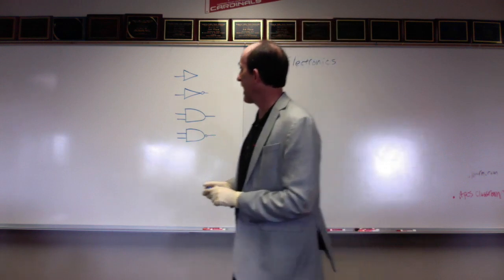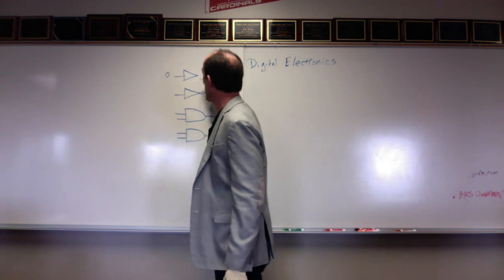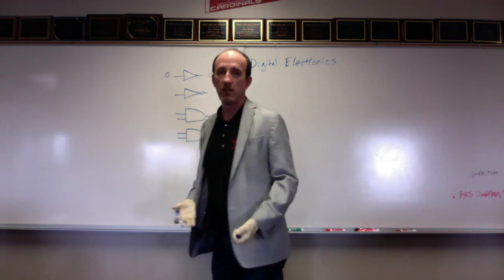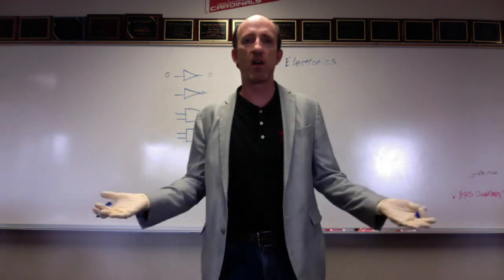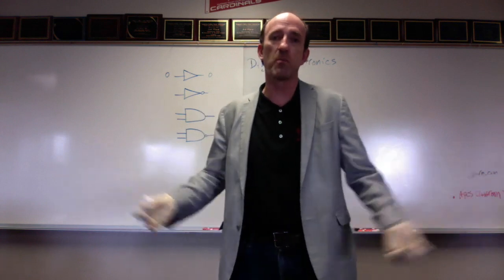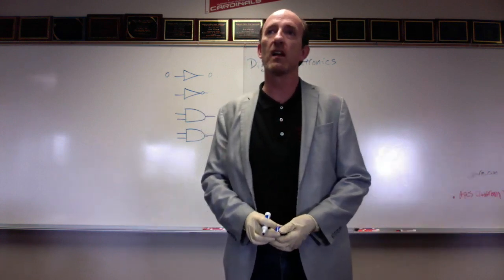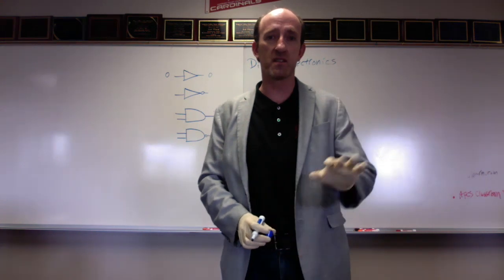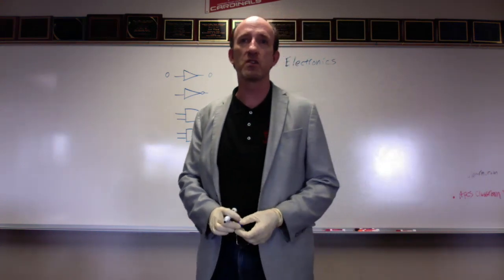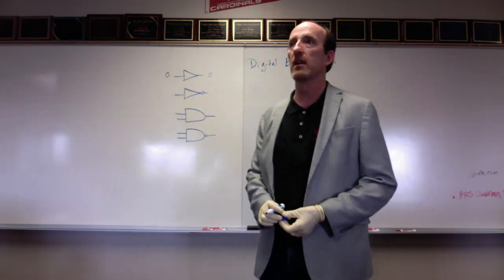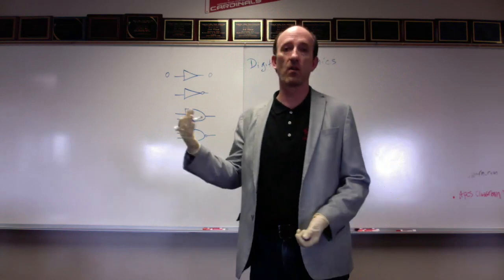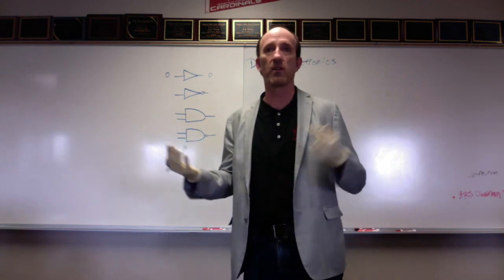If you have a 0 going in, false, it'll just be false. Nothing changes. It's just called the buffer, and if it's ever there, on the rare occasion that they sneak it in on you on the worksheets or the quizzes, well, there's no change. So if it goes in true, it comes out true. If it goes in false, it comes out false.